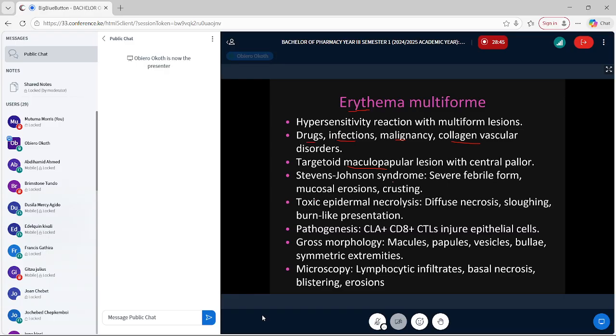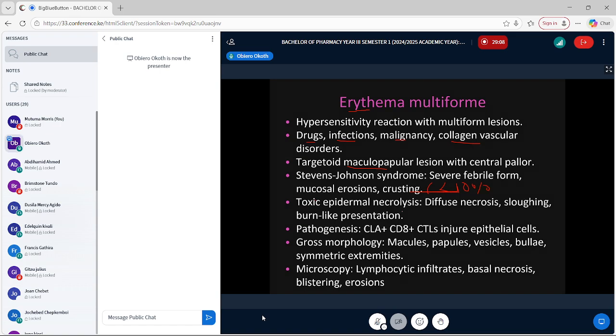Stevens-Johnson syndrome is a form of erythema multiforme. Basically here, there's mucosal erosion, but the involved area is less than 10%.